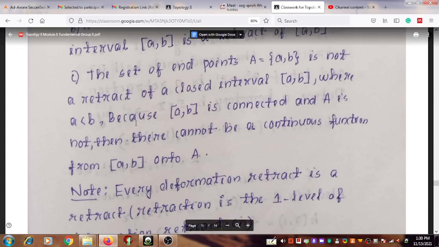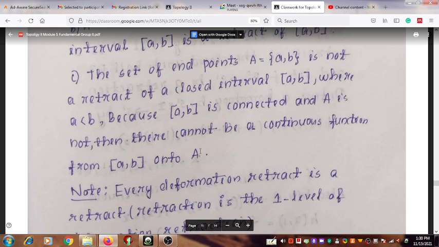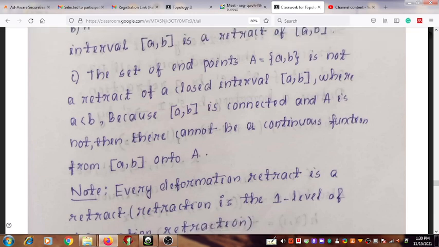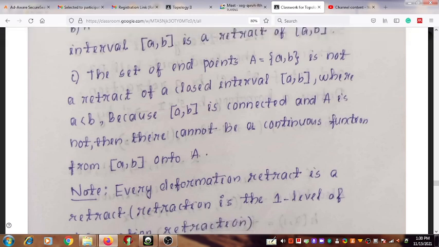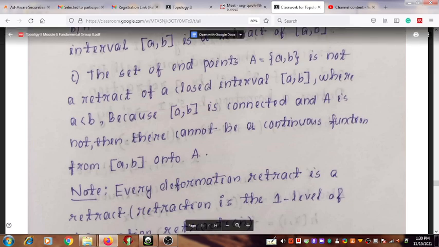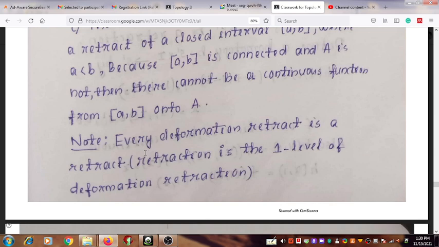There cannot be a continuous function from the closed interval [a, b] to A, because A is disconnected. If there exists a continuous function from the connected set [a, b] to the disconnected set A, then we get a contradiction.